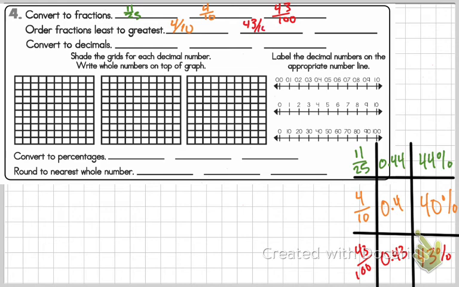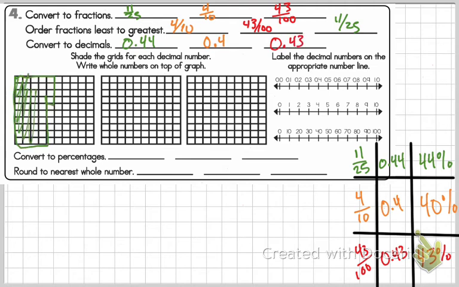The next smallest value, or my middle value, was 43 over 100. And my final value was 11/25. So using those percentages or the decimals will often make that a lot simpler to put those in order. We've also already converted all of our numbers to decimals, so I can include those decimals there.